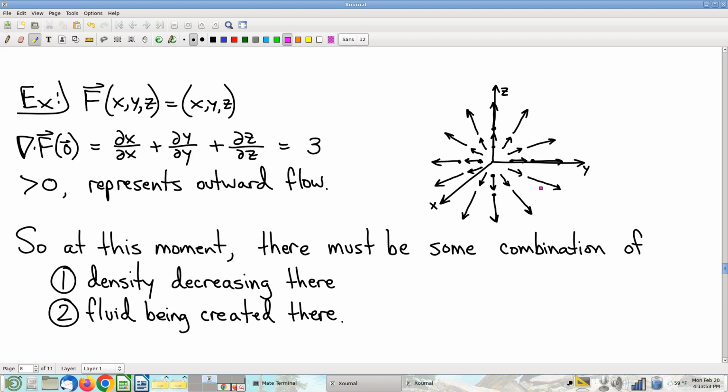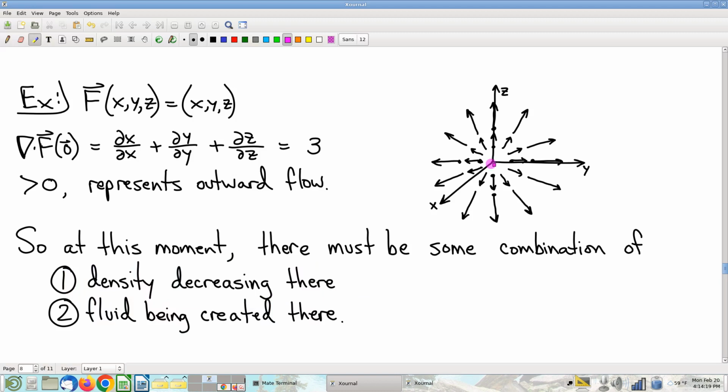As they leave, there's less of them remaining there. So you could think of this as indicative of, whatever the nature of the fluid is, the fluid becoming less dense where it was. That's one interpretation.